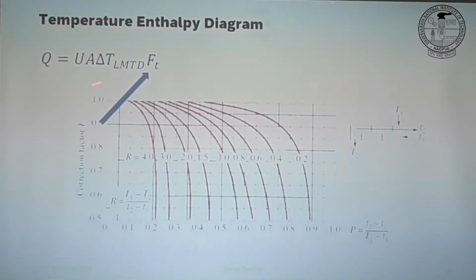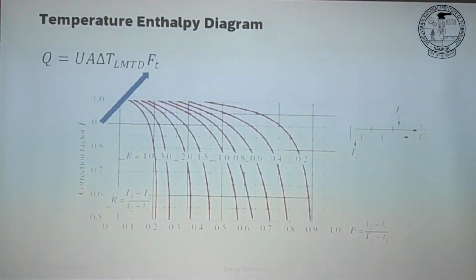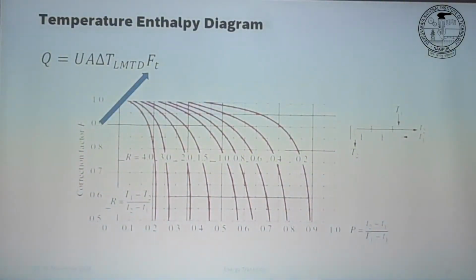So one means it's pure counter current, and lower than 1 means how far you are going away from counter current flow fashion, how your design is. So let's say if I have 0.9, that means I'm far away from pure counter current flow fashion.